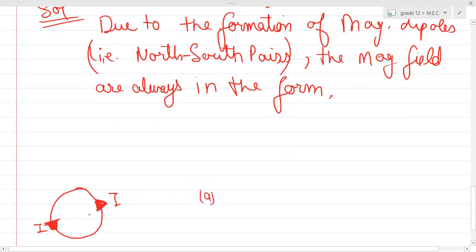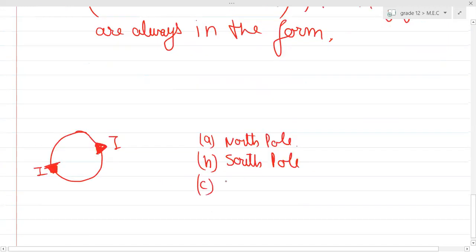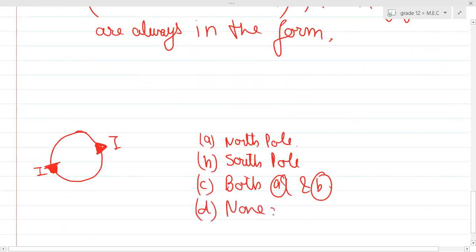Now the question is, this current carrying wire will form: A, North Pole; B, South Pole; C, both A and B; and D, none of the above.